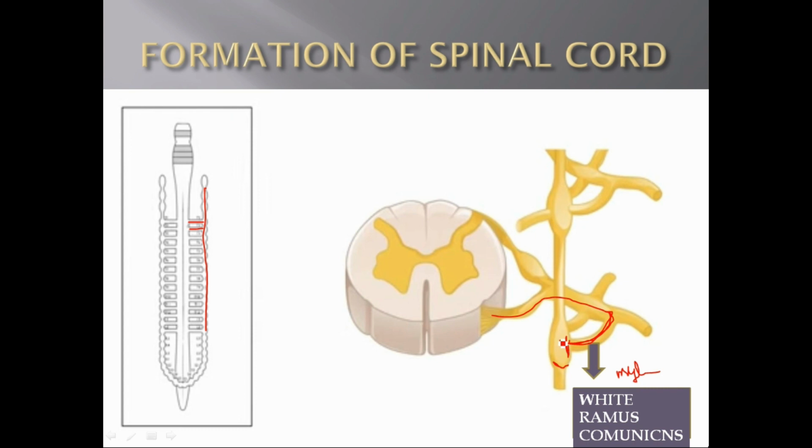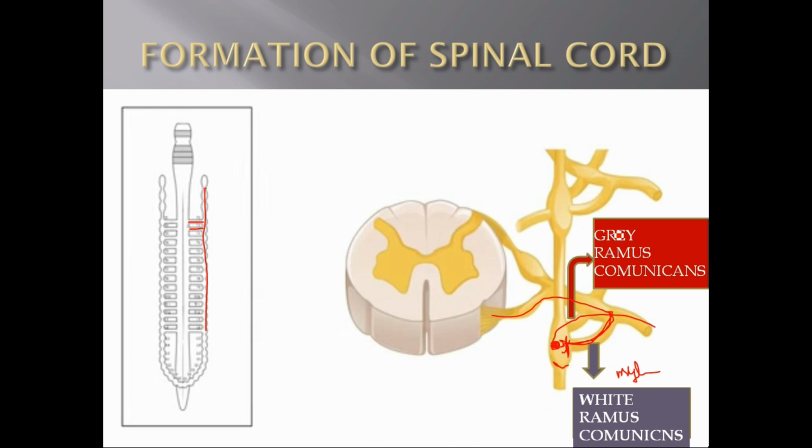Inside the ganglia, a synapse is formed between the axons and the cell bodies of these ganglia. Then the cytoplasmic projection of this cell body re-enters the spinal nerve through the gray ramus communicans. It's called gray because these axons are always non-myelinated.